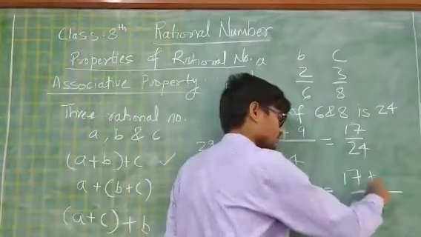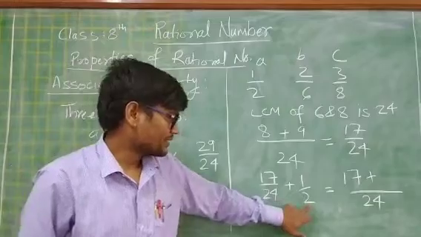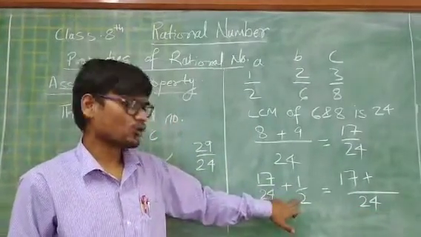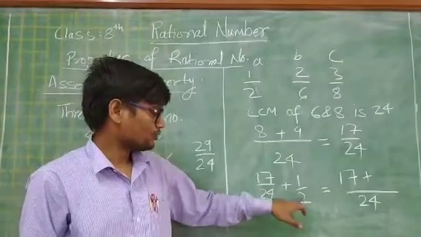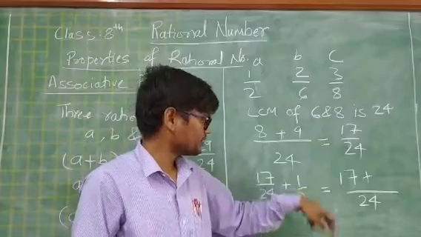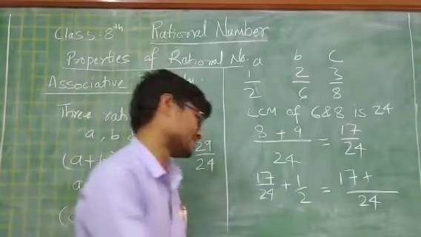Plus, to convert this 2 to 24, we need to multiply this 2 with 12. Now, since we multiply 2 with 12, we should also multiply 1 with 12. So 1 times 12 is 12.